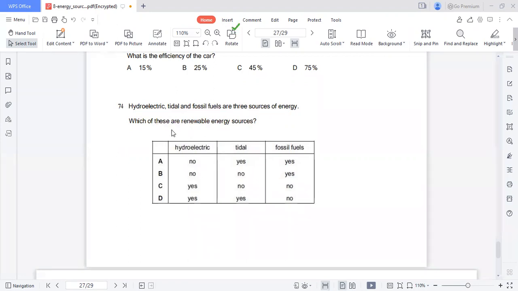So hydroelectric is a renewable energy resource. Tidal waves are a renewable energy resource. And fossil fuel is not a renewable energy resource. So our answer is this one.